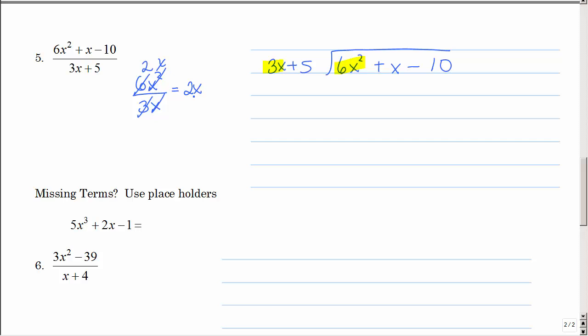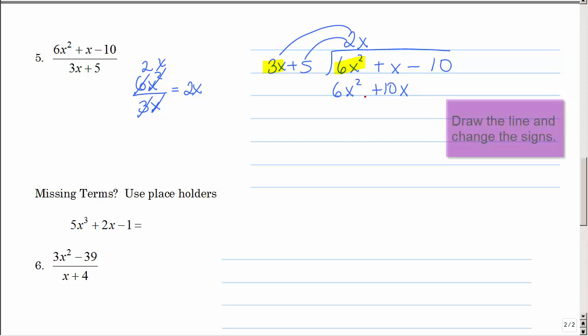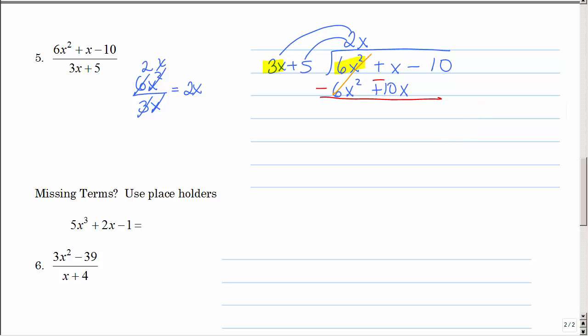That reduces to 2x. So we put that on top. We multiply. We draw our line and change those signs. You won't forget that. Those add to 0.